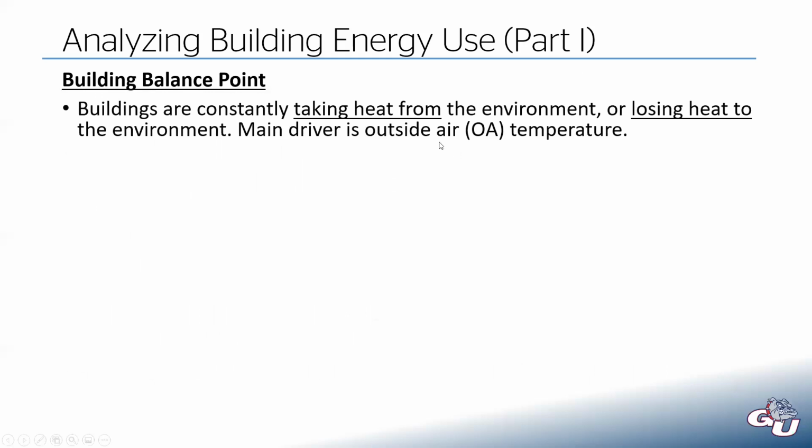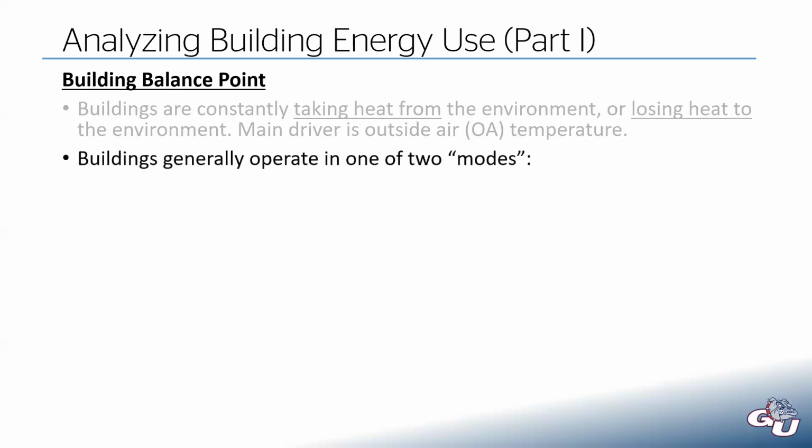So if we are in the summer months and it's really hot outside, that building will be taking heat from the outside. The outside will be heating up the indoor environment. Or in the winter, when it's really cold outside, we're going to be losing heat to the environment. And the main driver in the direction of heat transfer is our outside air temperature.